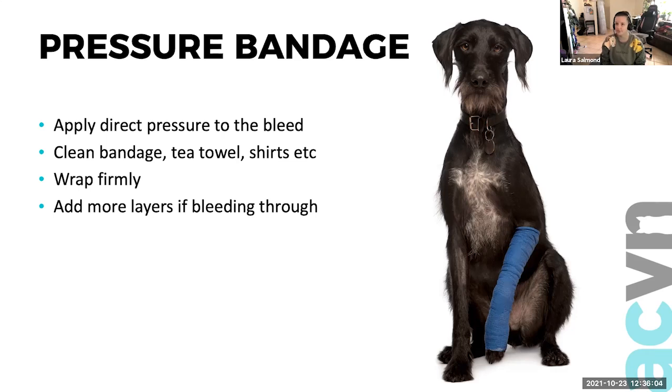So if you can apply a pressure bandage without moving the leg around too much, that's great. And again, same principle, you just want to try and stabilize it and stop those bones moving around. The pain in fractures comes from bones grating on each other, tearing at the tissue and those sorts of things. So the aim is to immobilize the limb and immobilize the bones from shifting around.